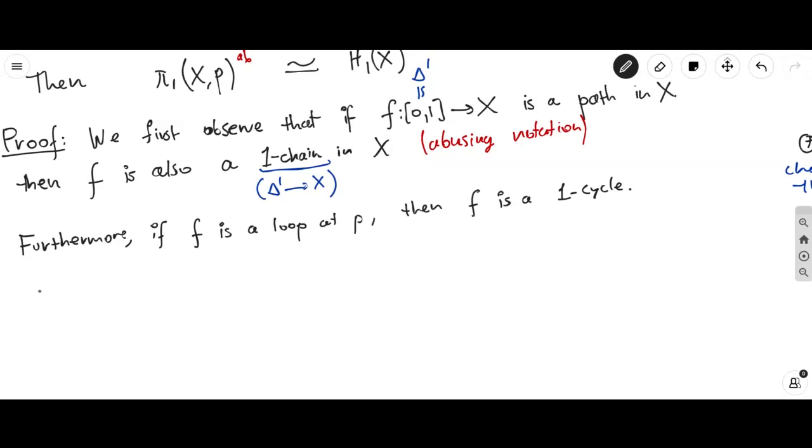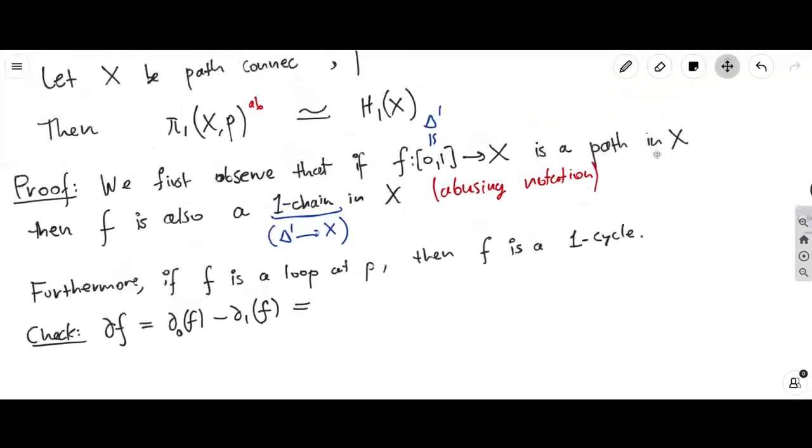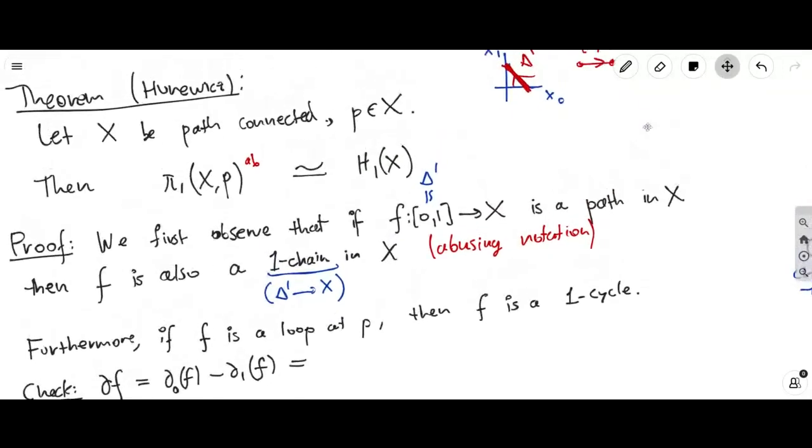So why is this? Let's check this. To check that something is a one cycle, we take the boundary of the chain. In general, when we talk about the boundary of the chain, we talk about the zeroth boundary of f minus the first boundary of f. That's the way we calculate the boundary operator.